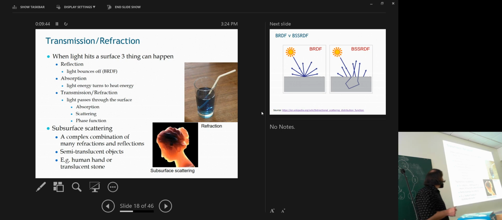Then other factors come in: except for the reflection, there is absorption. Some amount of light is absorbed, and most interestingly, we have refraction, when the light is bent so it changes direction, and we have transmission, when the light from one side of the object goes to the other side. And for rendering translucent materials, I'm working on that right now.